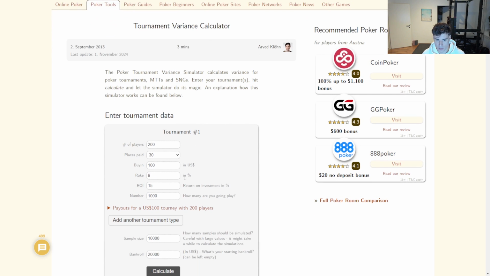And at the top of the page, you are supposed to enter the data for the tournaments that you are going to play. I won't go into too much detail about the site today, just for time reasons, but I want to show you the most important features that I think are usable and helpful for players. So a few of the things that you need to enter here are very easy.